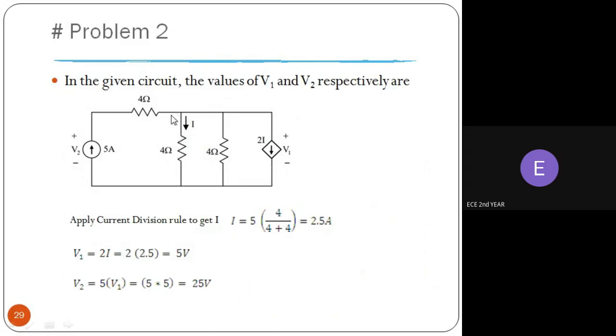So we need to calculate the value of I so that we can calculate V1 and V2. So first we need to calculate I. Consider this circuit only. The 5 ampere current flows towards this 4 ohm resistance.